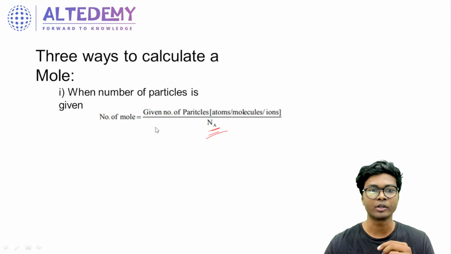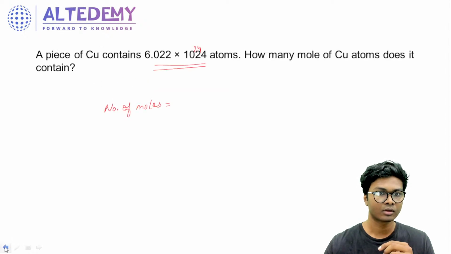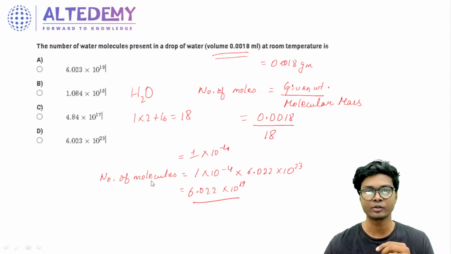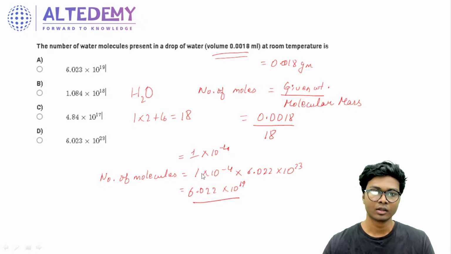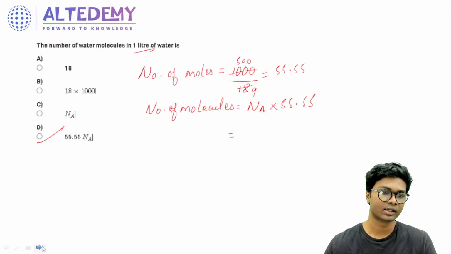To find the number of molecules, we were always first of all finding the number of moles, and then multiplying it with the Avogadro constant.